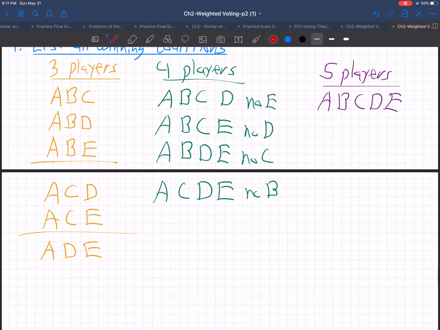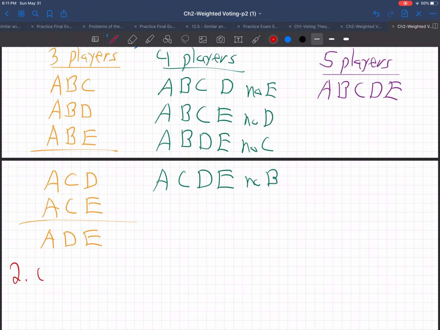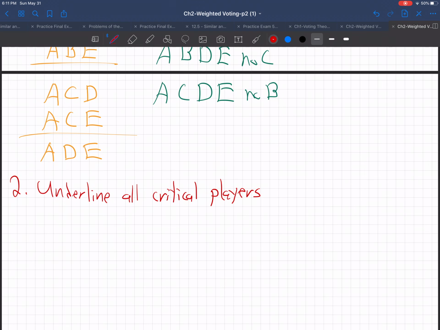Now, step 2, underline all critical players. So all critical players. Now, what does it mean to be critical? Really important that you understand this.